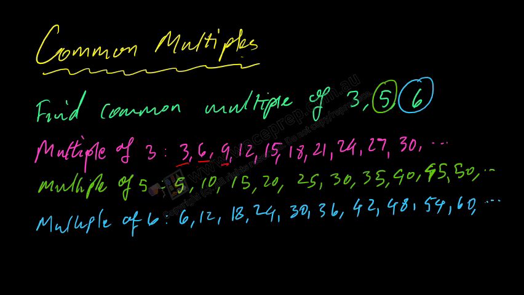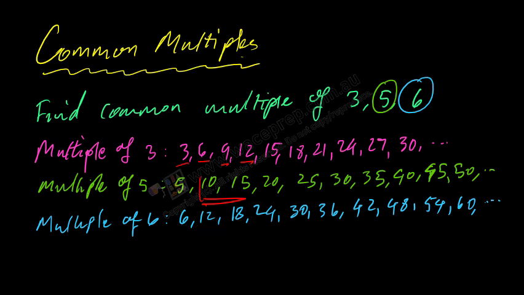Alright, third is 9. 9 does not exist in the multiples of 5 and it does not exist in the multiples of 6. 12 once again does not exist in the multiples of 5, but it does exist in the multiples of 6.